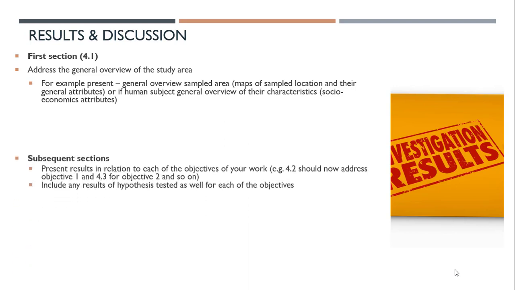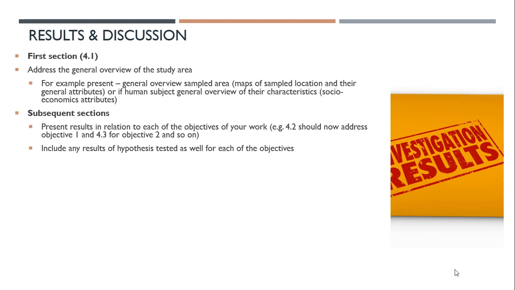Then moving on to 4.2 now, I will pick each of the objectives and start talking about the result that is attached to each of the objectives. Okay, so 4.1, I usually discuss the general characteristics of the respondent or the circumstances in which you are doing the investigation.